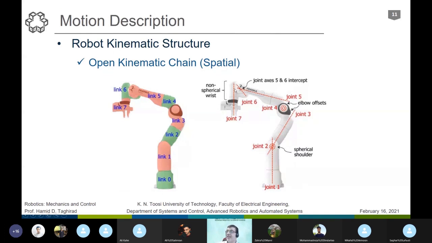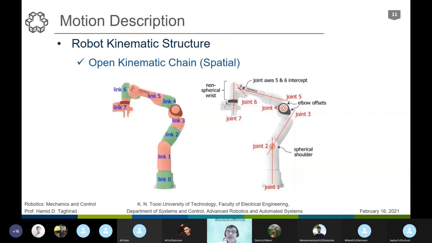The joint axes 5 and 6 here intersect, and then we have an axis 7. And why are we using another axis? As I mentioned before, we could have some redundancy, some more degrees of freedom to have better motion in the design.